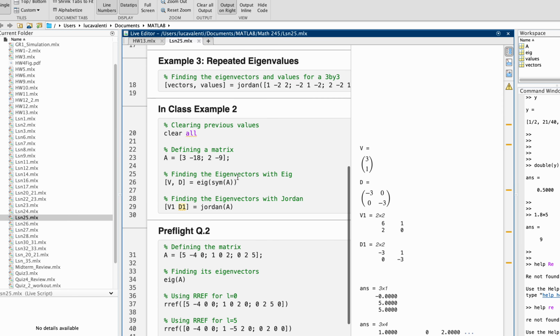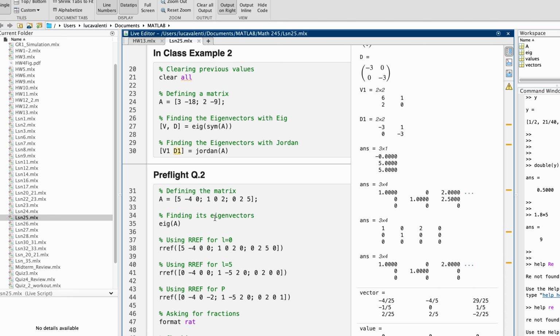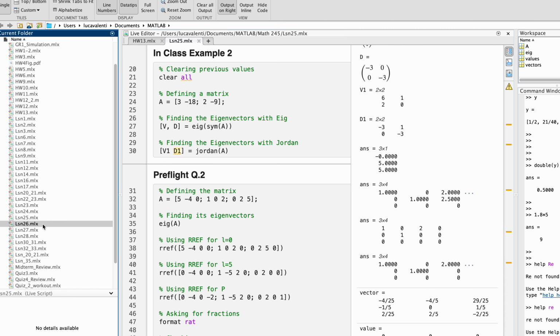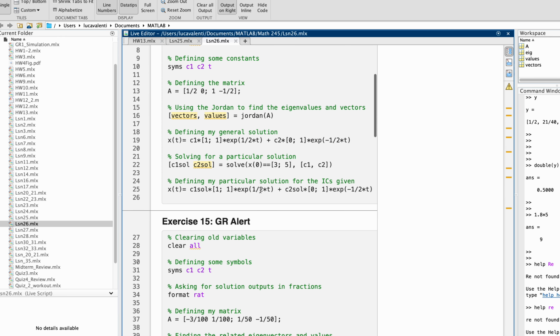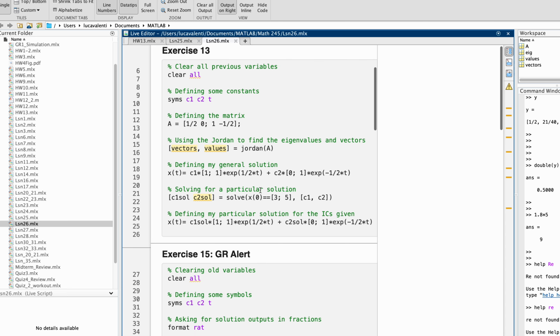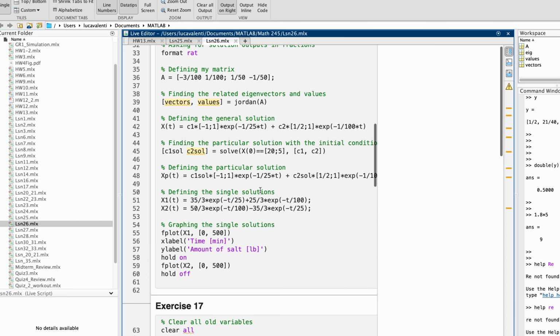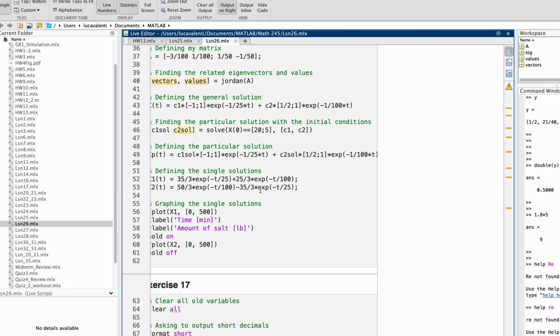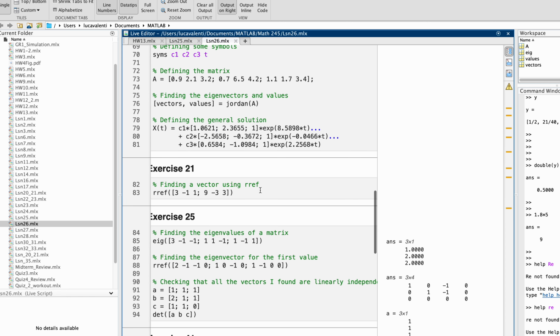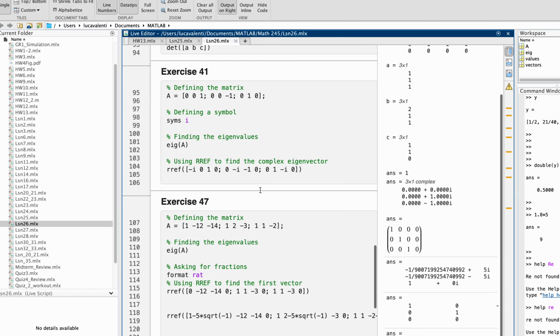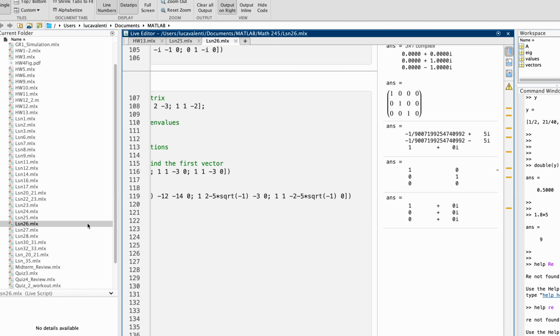It's not good coding practice. So see, I used to do it with the RREF. Let's see if I find that command. Let's see. So here is all RREF.